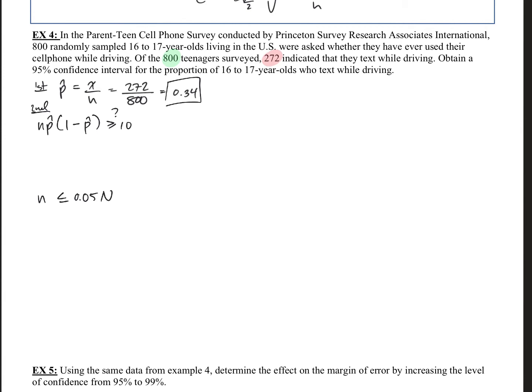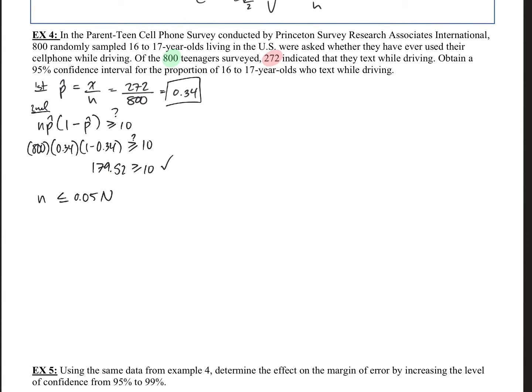Okay, so let's check this one out first. So our n size is 800 times p hat, which was 0.34, times 1 minus 0.34. Is that greater than or equal to 10? Well, when we calculate it out, we get 179.52, which is indeed greater than or equal to 10.